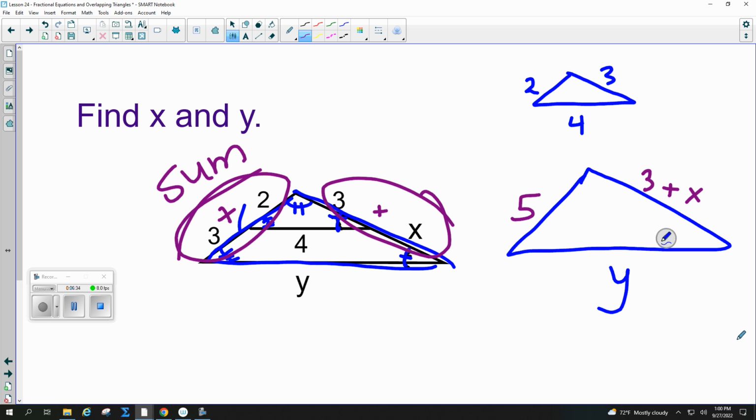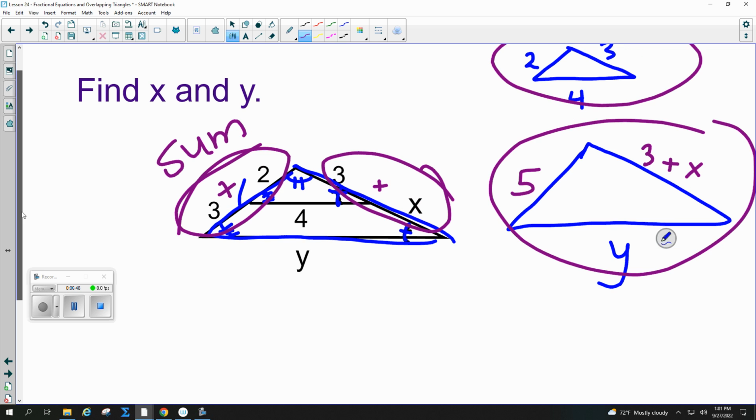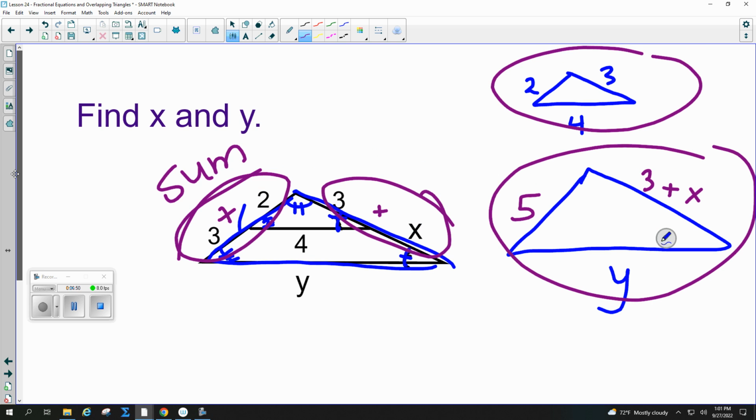But, all right. So if I want to find y, you have to use the whole big triangles like these. So we have to actually look at this and this. So tell me, somebody raise your hand, how can I write the proportions to find y? Will? 4 over y equals 5.